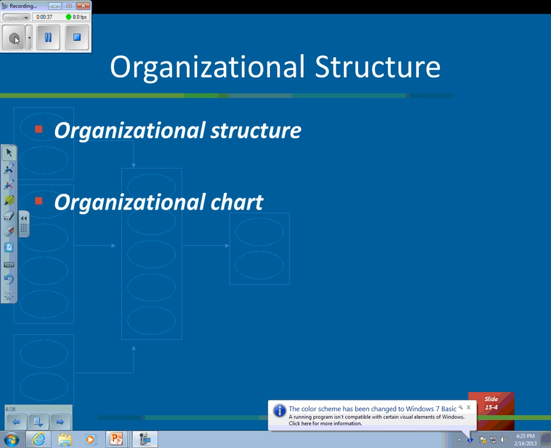But that said, an organizational structure formally dictates how jobs and tasks are divided among and coordinated between individuals and groups within the company. I'm wondering if you could draw an organizational chart of your own company. Most of us cannot.